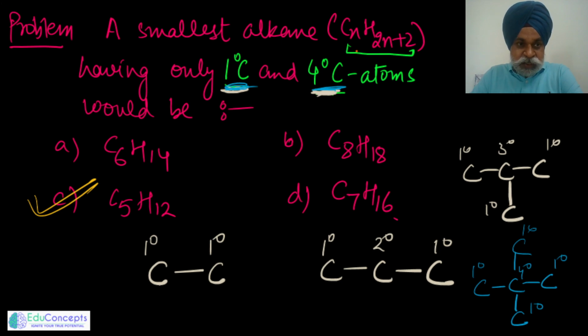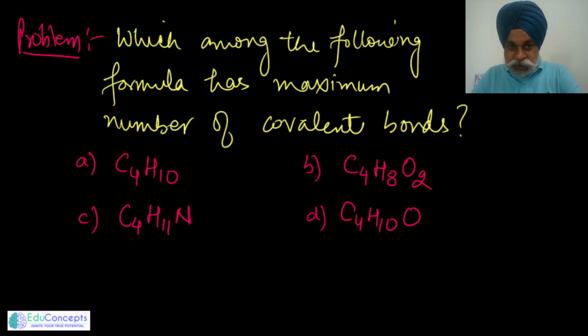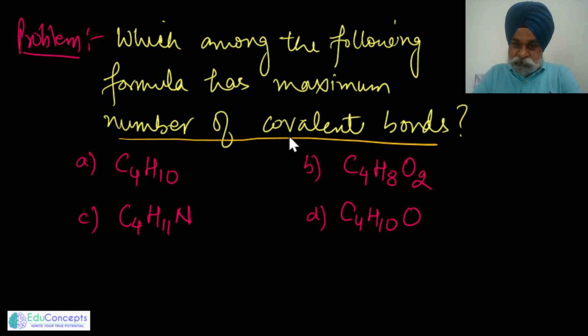Okay, moving ahead, let's do one more question. Which of the following formula has maximum number of covalent bonds? This is a question of the sort we have done in the last sessions as well, where we talked about how to count the number of covalent bonds for a given formula.